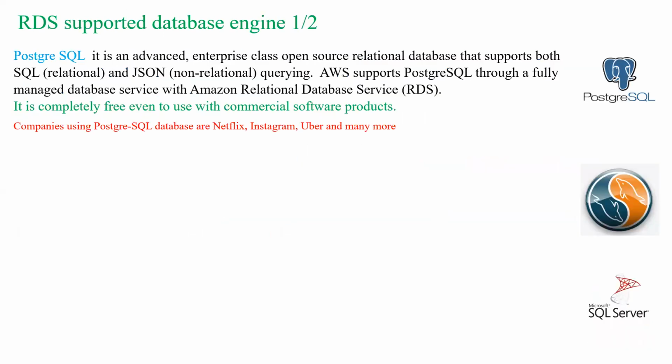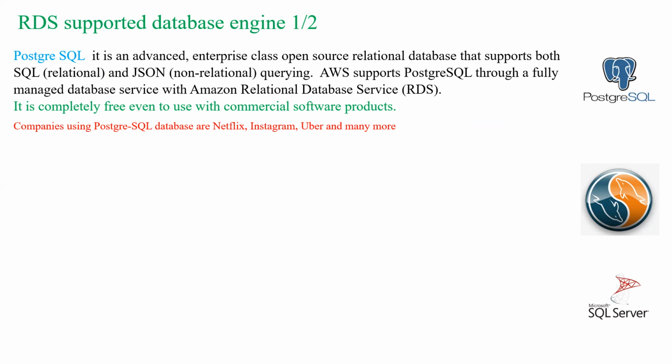So to begin with, we have PostgreSQL. It is an advanced enterprise-class open source relational database that supports both SQL, that is relational, and JSON, that is non-relational queries. AWS supports PostgreSQL through a fully managed database service with Amazon's Relational Database Service. It is completely free, even to use with commercial software products.